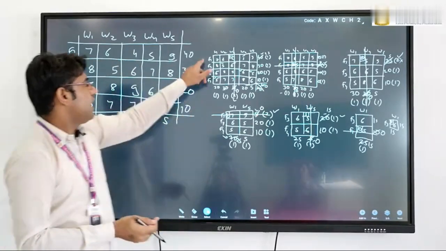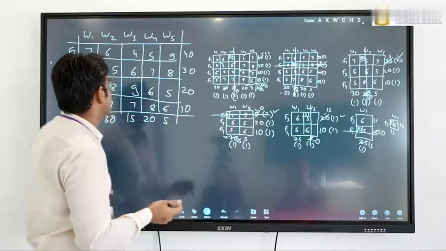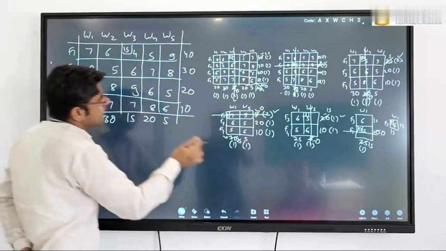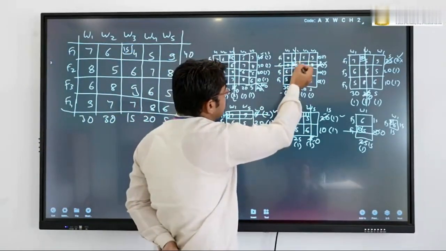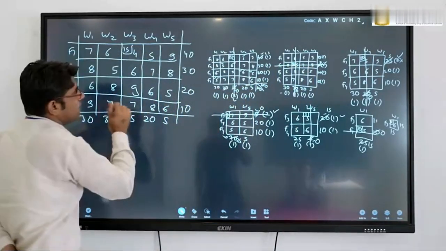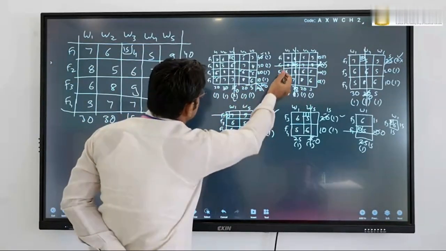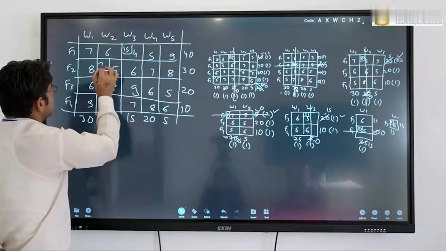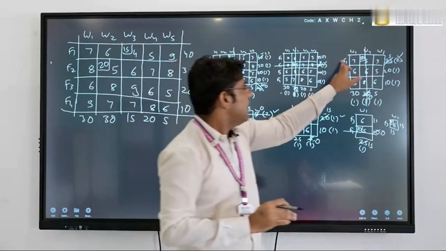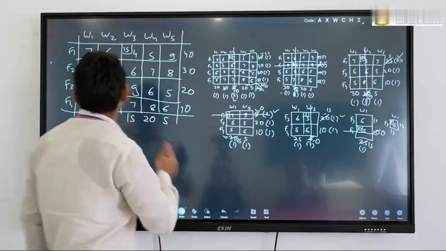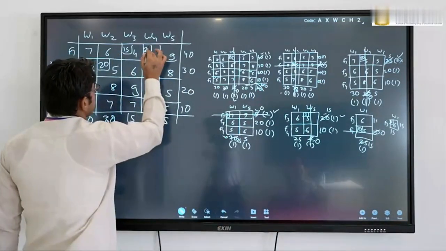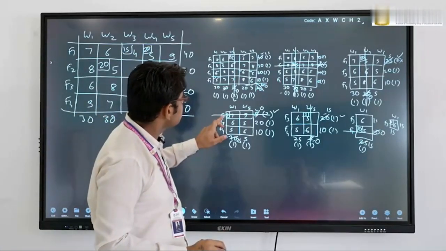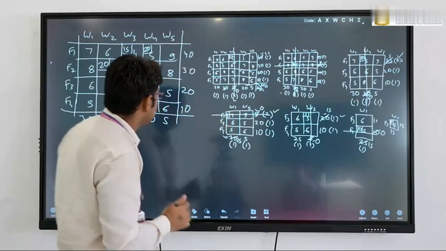Now here write F1 and W3 allocate 15. And next is F1 W2 allocate 20. F2 W2 allocate 20. And next is F1 W4 allocate 20. And next is F1 W1 5.